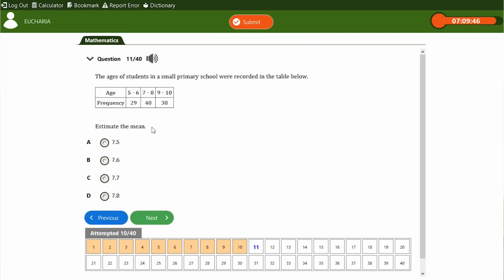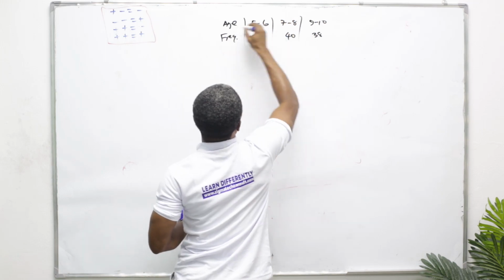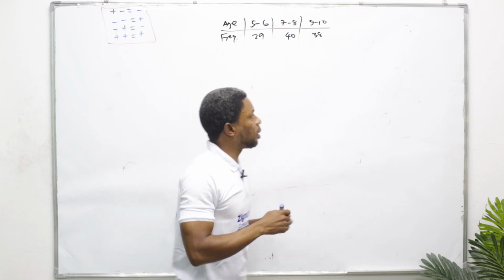Alright. We have a table given to us, and they told us that for age 5 to 6, then 7 to 8, and then 9 to 10, the frequency here was 29, here is 40, here is 38. The question is, you should find the mean.